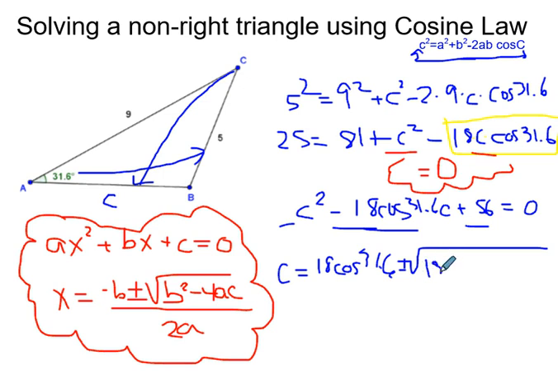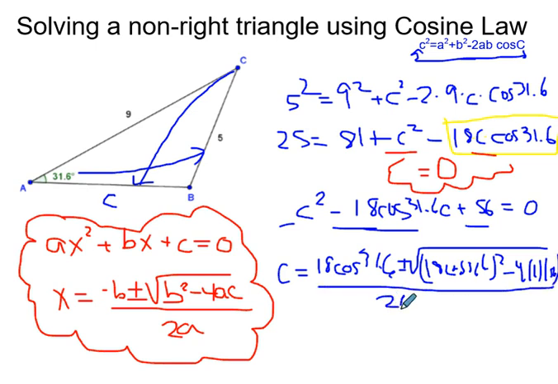So again, 18 cosine 31.6 squared, minus 4 times A times C, and then divided by 2 times A. Okay, so here in front of your C, it's a 1, so I left it 1. If you do that, you're going to get two values of C. So you get two answers.